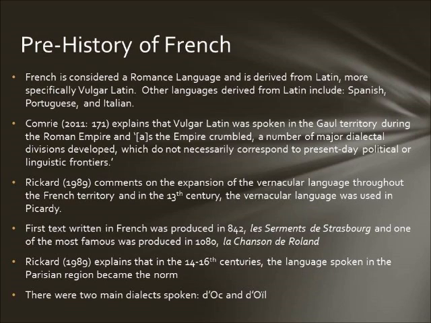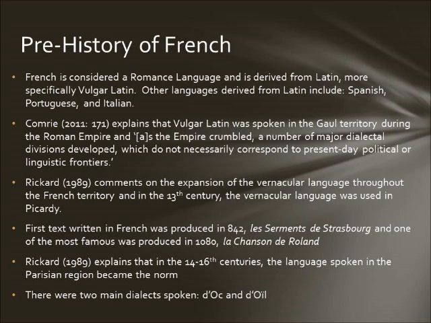And then Comrie 2011, on page 171, explains that Vulgar Latin was spoken in the Gaul territory during the Roman Empire, and as the empire crumbled, a number of major dialectal divisions developed which do not necessarily correspond to present-day political or linguistic frontiers.